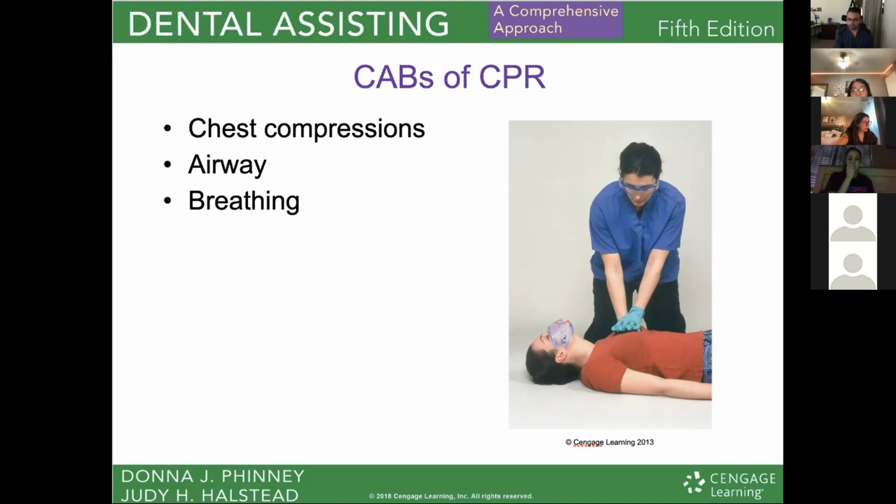It'll tell you to stay clear so it can deliver a shock, and then it'll tell you to continue with CPR. So it's a good tool to have in your office, so it can help to save a patient's life if need be. Usually there's in-office training to learn how to use one. They're not very difficult to use, and almost all AEDs come with training patches, so you can do trainings on them and learn exactly how to use them.